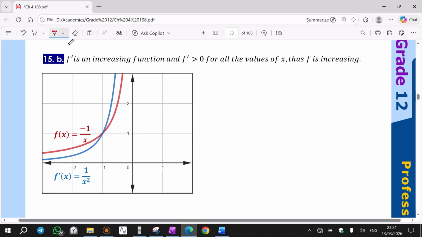15 part B, this time I want f prime to be increasing. Look at this curve, it is increasing. If f prime is increasing, f is concave. And f prime is greater than 0, which means the curve of f prime is above the x-axis for all values of x, thus f is increasing.